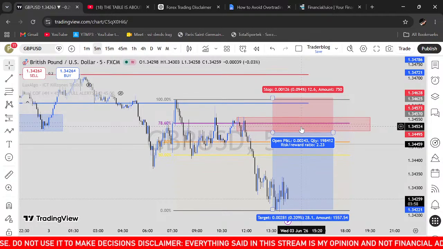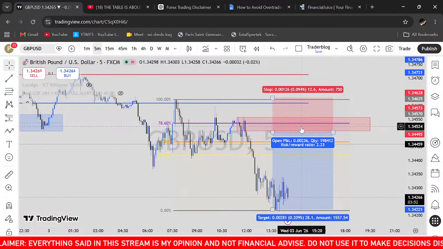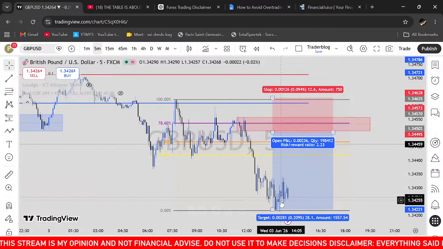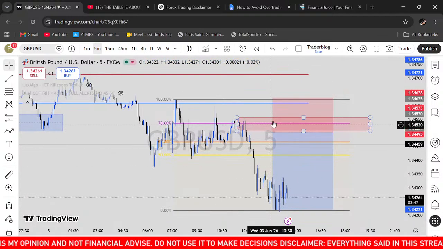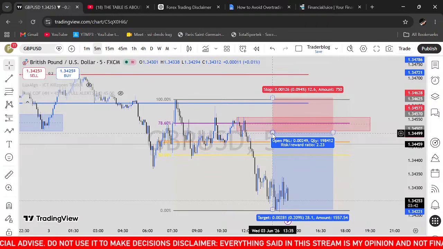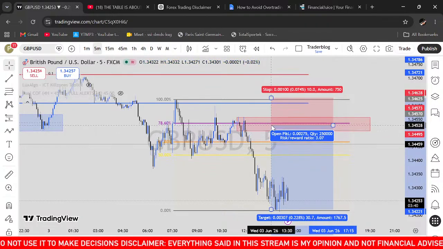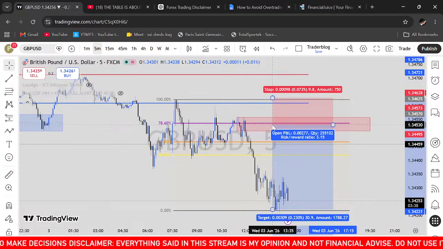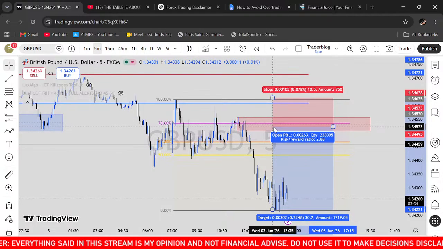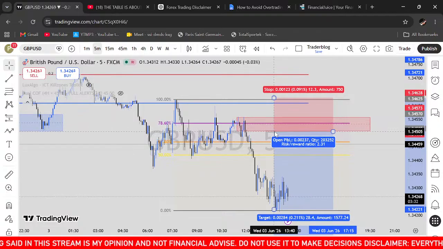One high quality setup can be more profitable than 10 average setups. For example, if I am risking 1% on this trade, the actual zone where I'm supposed to take this trade is here. But because of my broker and how they sometimes misbehave, I put my trade entry somewhere here.